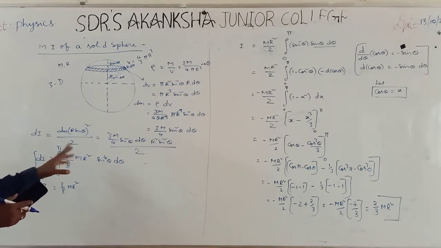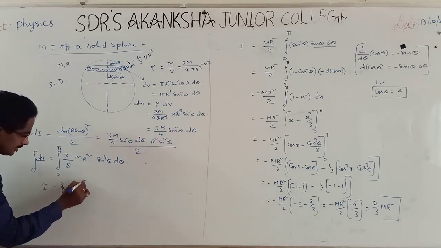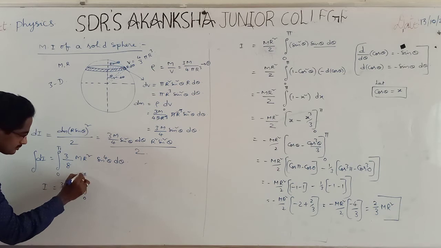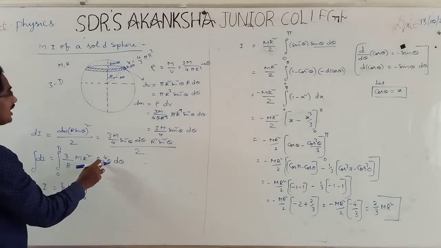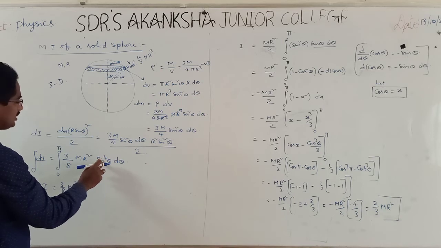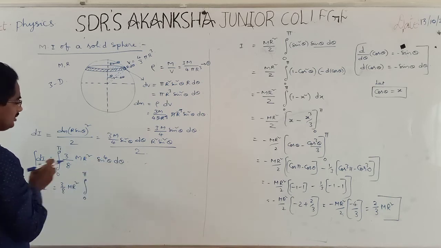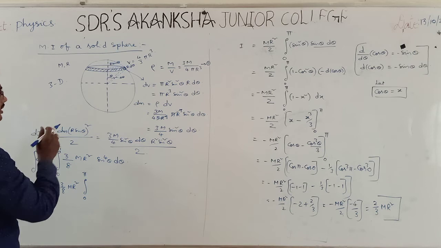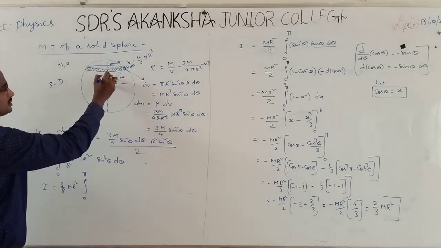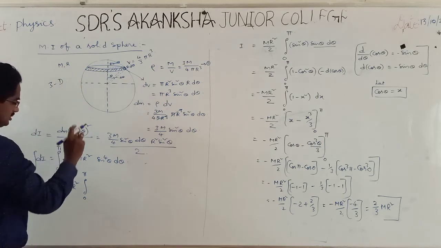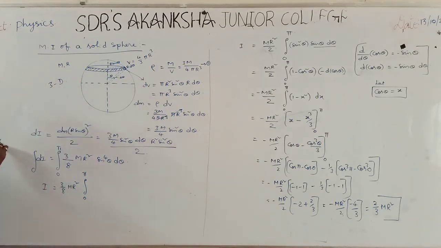So 3 by 8 into mr square, integral 0 to pi of sin power 4 theta d theta.